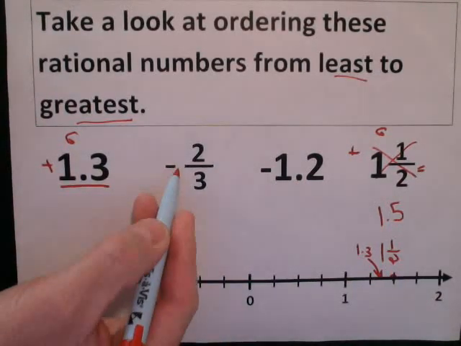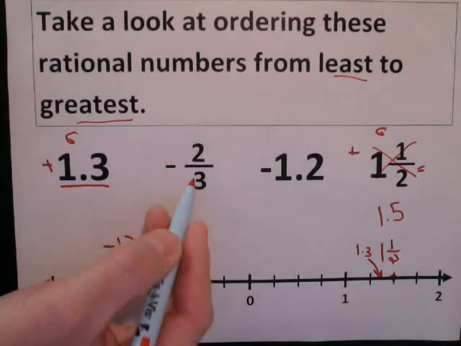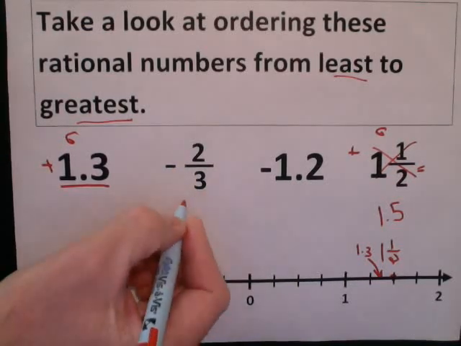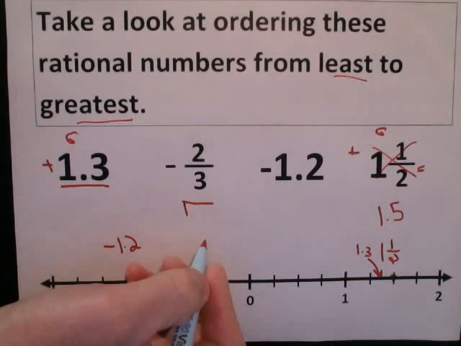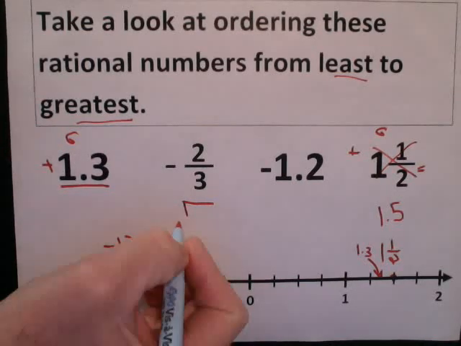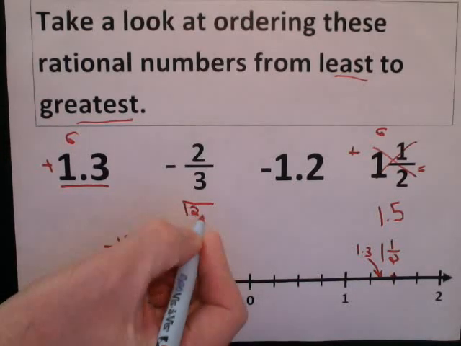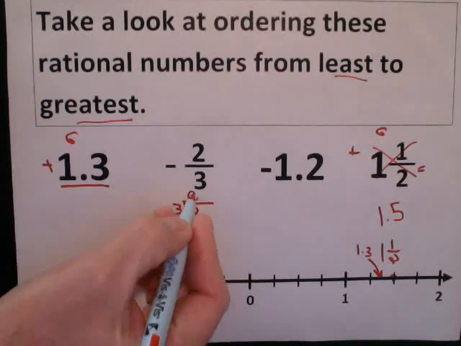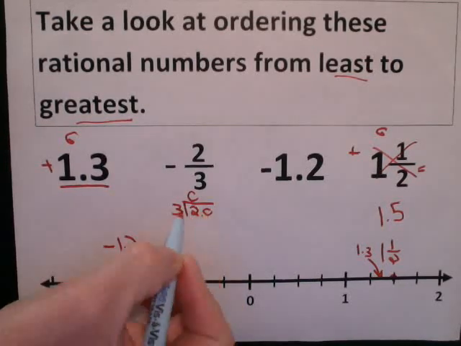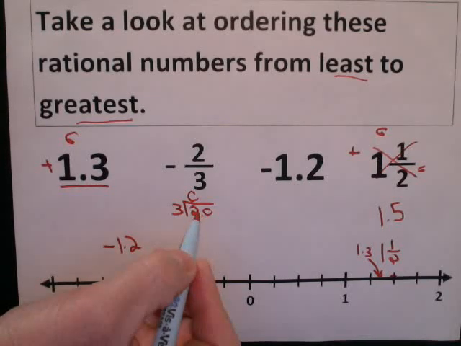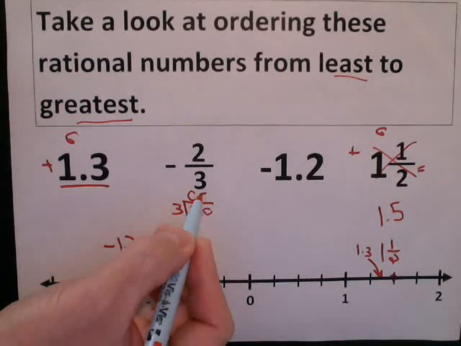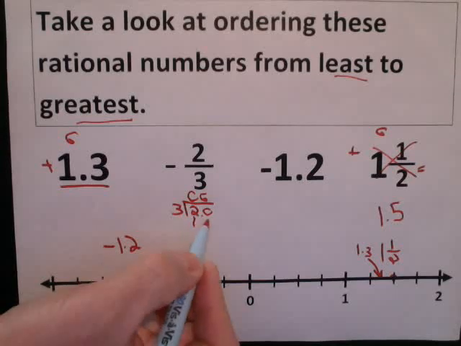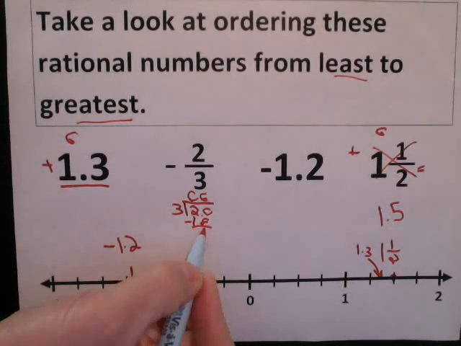But now we want to convert this into a decimal. Well, if we do that, we would then have to divide, of course, the 2 divided by 3. And 3 won't go into 2, so we would put a 0 up there and annex a 0. And 3 will go into 20 a total of 6 times. So 6 times 3 is 18. And if we subtract, we get 2.